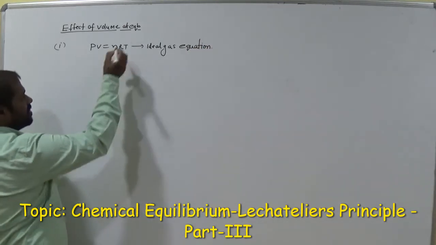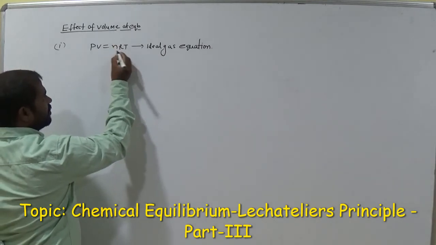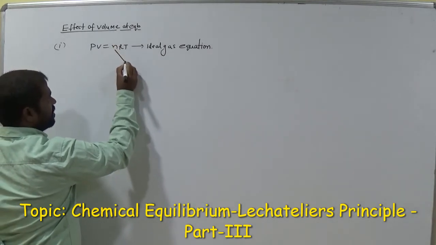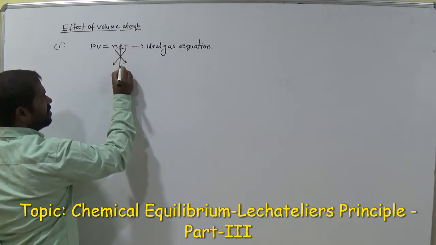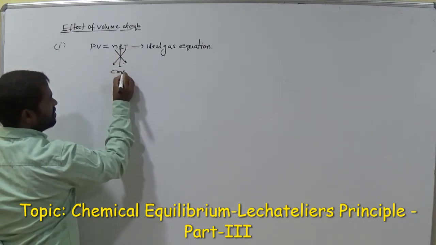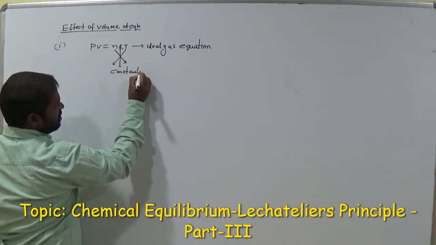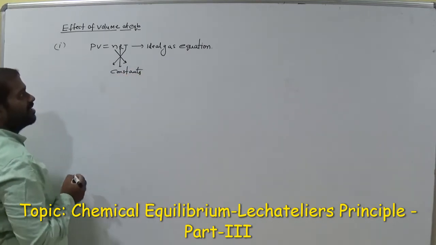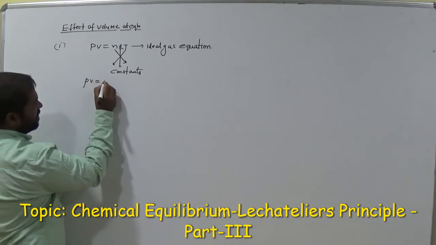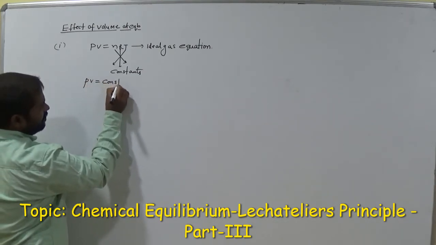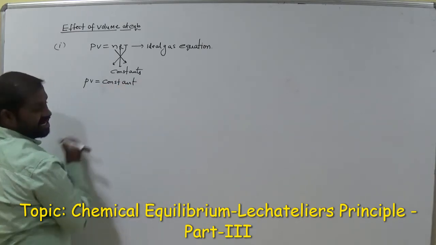Suppose here n, T and R are constants. Then what happened? PV is equal to a constant. Am I right? PV is equal to a constant.